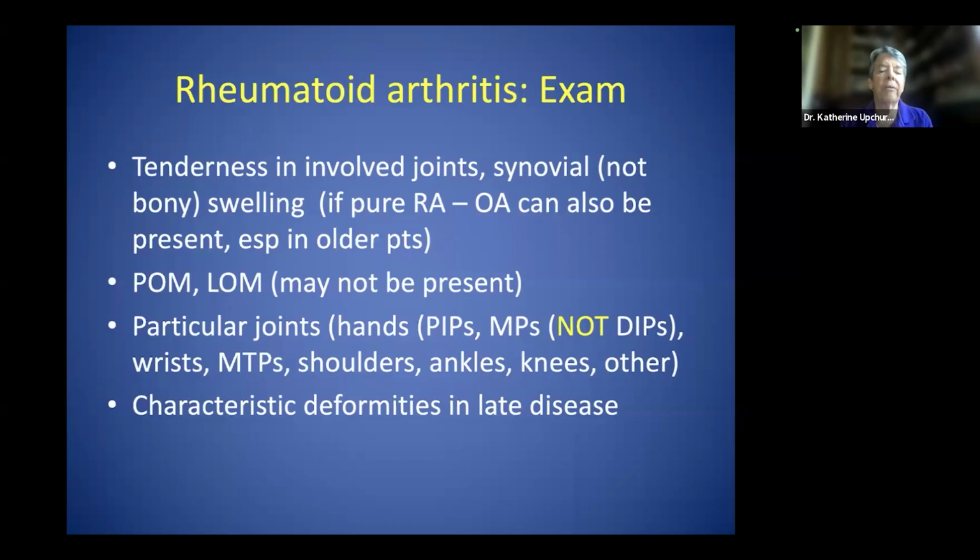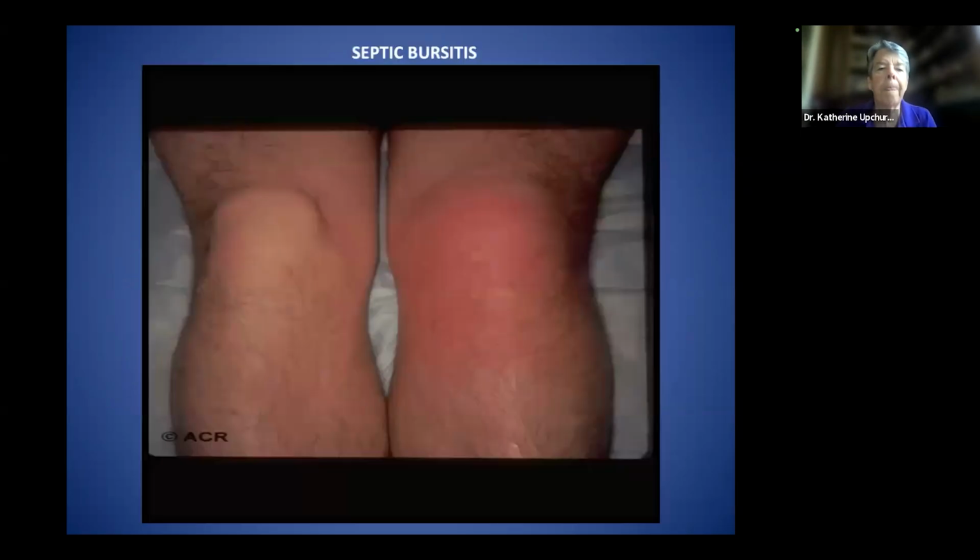Again, the particular joints that are involved are the PIPs, the MPs, not the DIPs, but also multiple other joints, often wrists, elbows, shoulders, ankles, knees, MTPs, any synovial based joint, including TMJ joints, sometimes cervical spine joints. And there are characteristic deformities in very late disease, but I think people walking into your office for the first time who've not been diagnosed are not going to have those characteristic deformities.